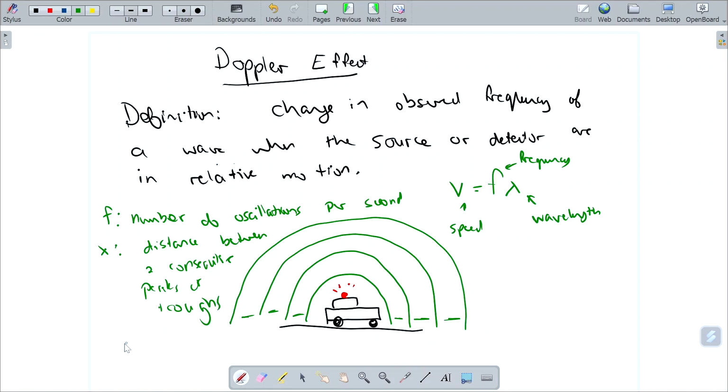If we look at the wave from the side, this is the sine wave. Then the distance between that peak and that peak is called the wavelength.